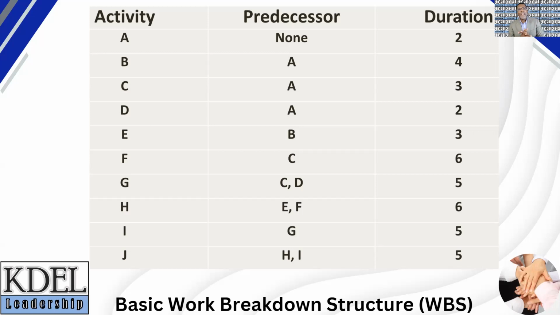Let's start by reviewing a fictional list of tasks, their durations, and their relationships with each other. This, as most of us on this call know, is termed a work breakdown structure, WBS. For the purposes of this presentation, I have labeled these 10 activities from A to J and identified their predecessor activities.